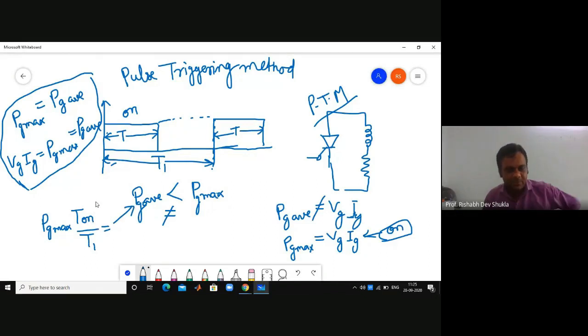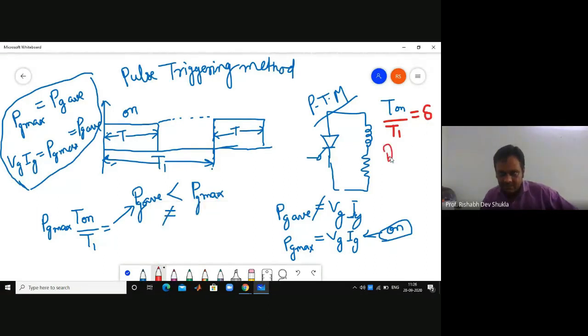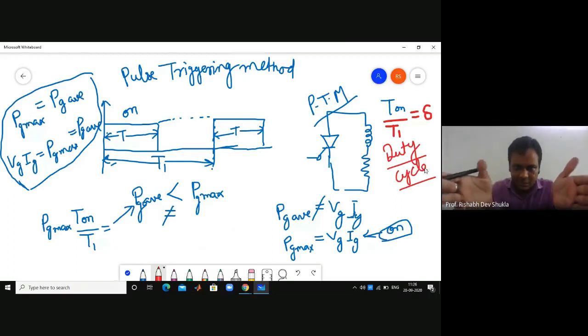What is this? T on upon T1. Actually, T on upon T1 is your duty cycle, delta. T on upon T1 is equal to delta. It is your duty cycle. What is duty cycle? For a complete cycle, how much duration is the on period? This is your duty cycle.